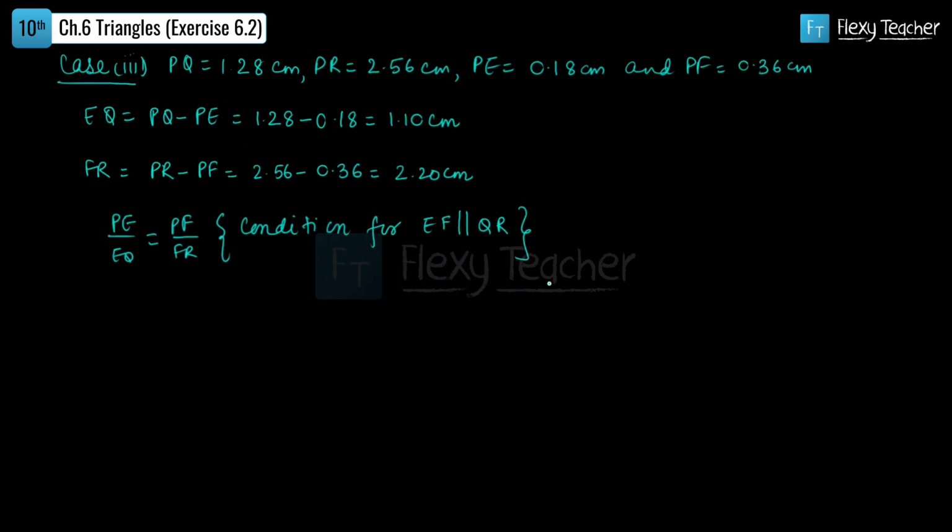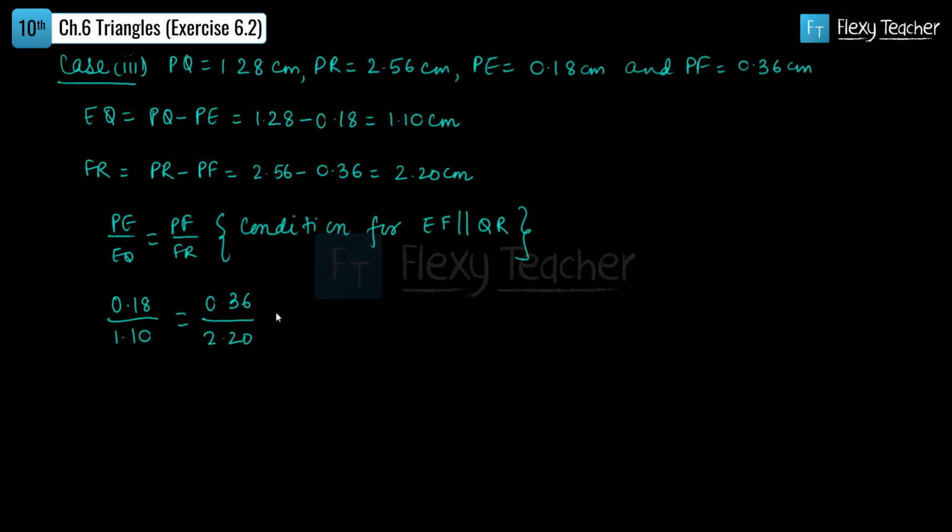Now let us fill in the values of the dimensions that are given to us. PE is equal to 0.18 upon EQ is equal to 1.10, is equal to PF, that is equal to 0.36 upon FR is equal to 2.20.